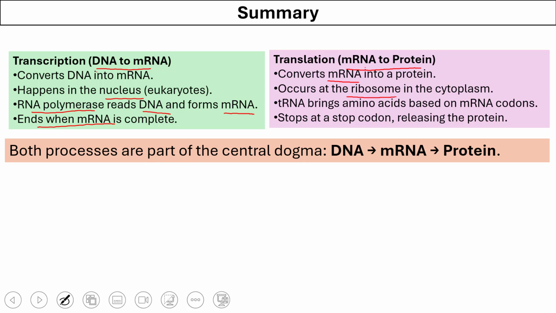This step occurs on the ribosome in the cytoplasm. tRNA brings in specific amino acids which join to form the polypeptide chain. These amino acids are based on the codons of mRNA. Termination occurs when there is an encounter with a stop codon, which we know already what those stop codon sequences are. Both these processes together lead to the central dogma, which is the formation of proteins from the information present in the genetic material called DNA.